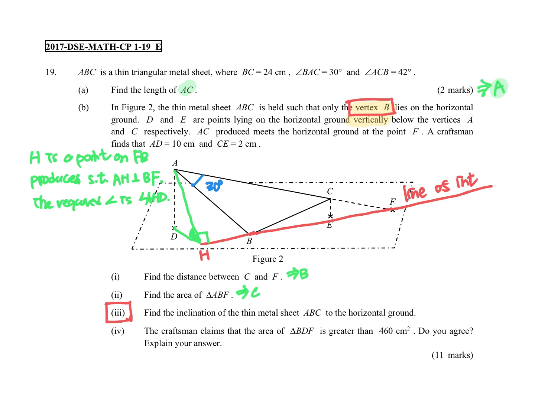So here we only need to find AD. AD we got, so AD is here. AD is 10.